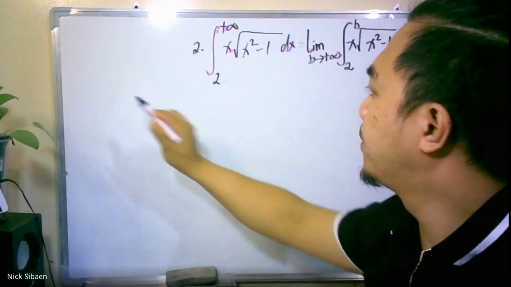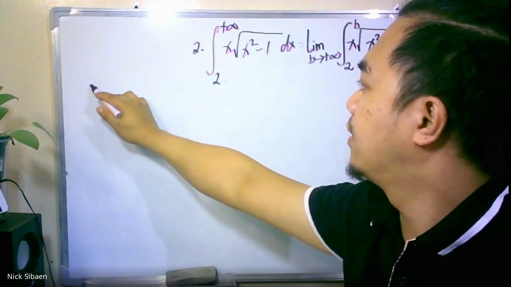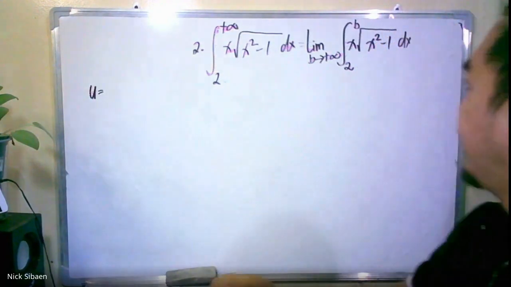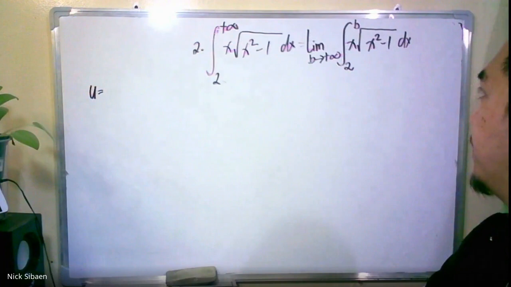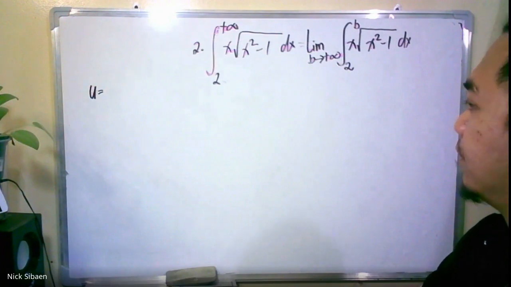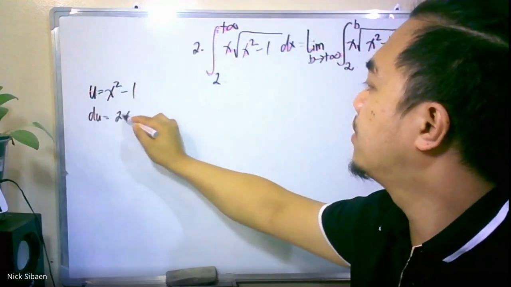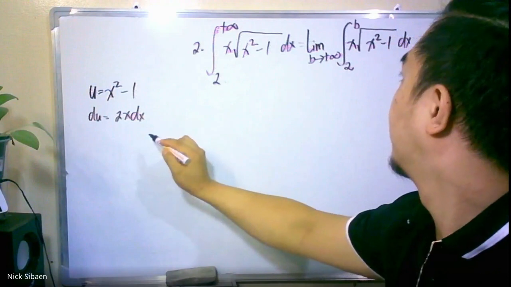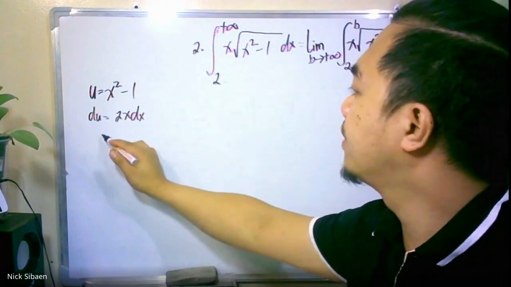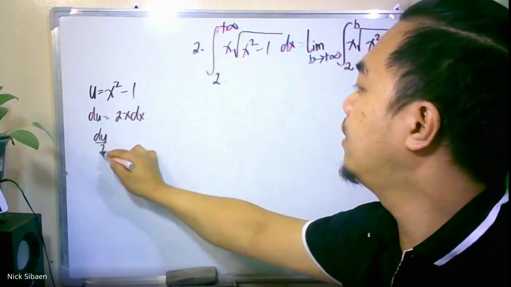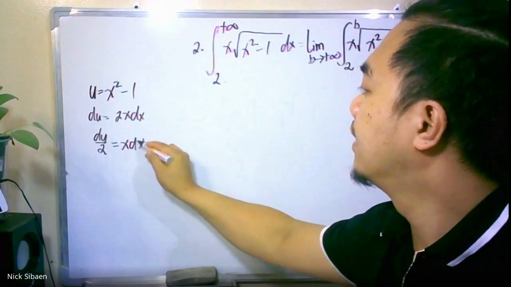So if we use substitution, dito na lang para hindi sayang yung space. We let u as, ano? X squared minus 1. So du is just 2x dx. So x dx yung hinahanapin natin ng substitute. That means du over 2, that's the same as x dx.